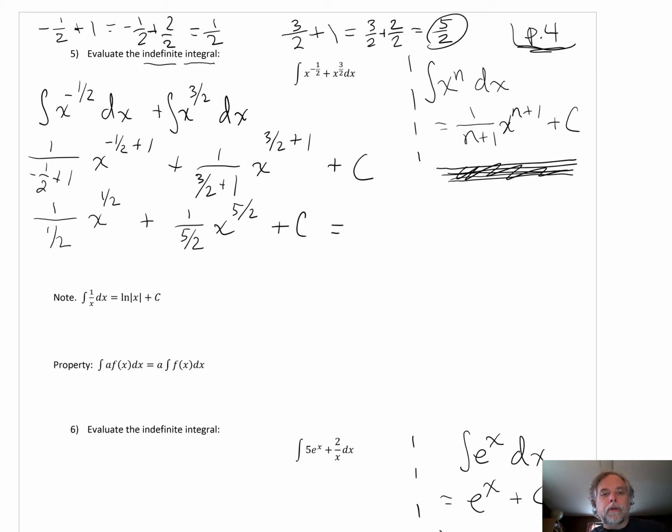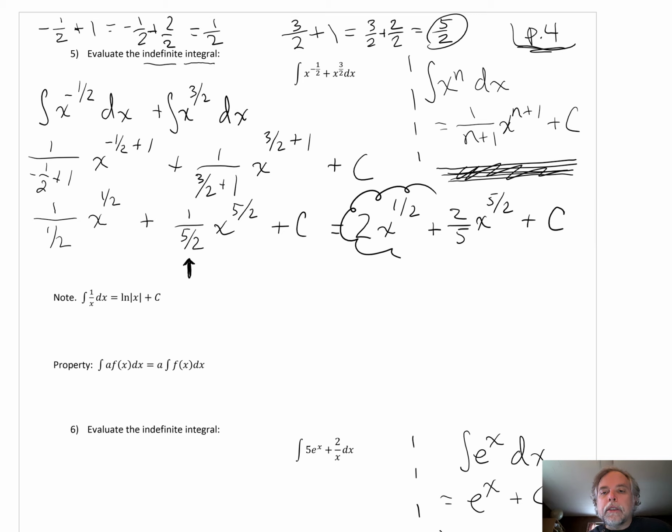And that's equal to, well, 1 over 1/2 is keep, change, flip. So 1 over 1/2 would be 1 times 2 over 1, which is 2, x to the 1/2 power, plus 2/5. Keep, change, flip again here. 1 over 5/2 is 2/5, x to the 5/2 power, plus c.